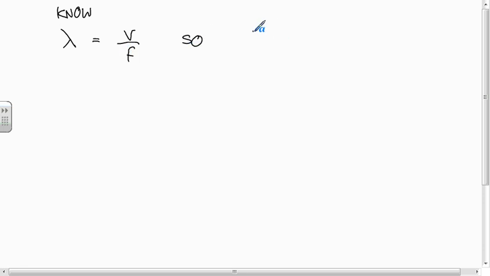So if we're talking about the nth wavelength, that's equal to the wave speed over the nth frequency. Each frequency corresponds to one of these infinitely many wavelengths. In other words, the nth frequency is equal to the wave speed over this nth wavelength. And we have a formula for the nth wavelength.